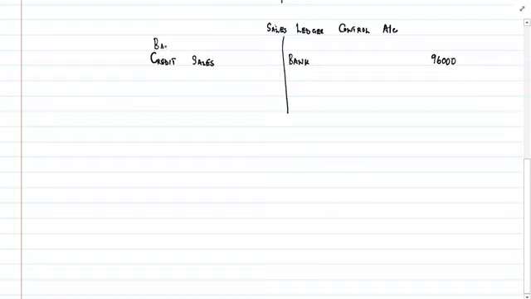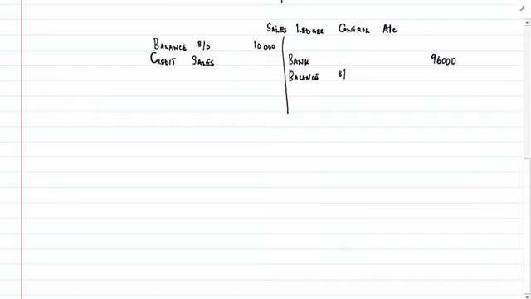So I'll put a hypothetical figure as a balance brought down, but obviously it must be greater than 5,500, so I'll put 10,000. But they're saying there has been a decrease in the debtors figure, so it means the closing balance was 5,500 less when compared to the opening balance.